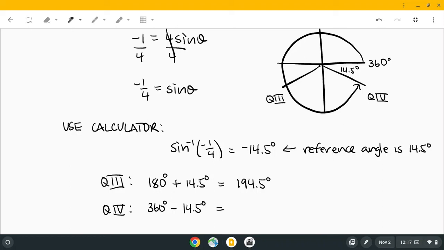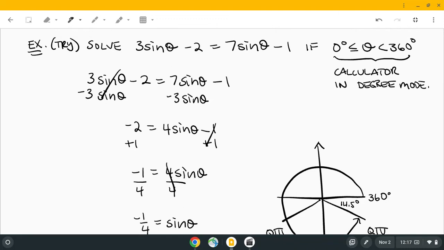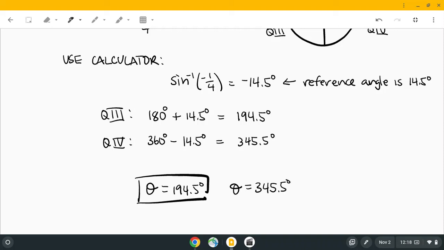Okay, and that is going to give me 345.5 degrees. And since I don't have an x plus 3 like I did in the other one, then I can stop. Okay, so theta equals 194.5 degrees. That's one answer. And the other answer is 345.5 degrees.